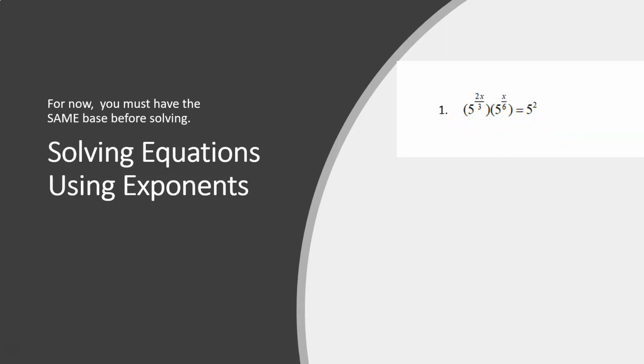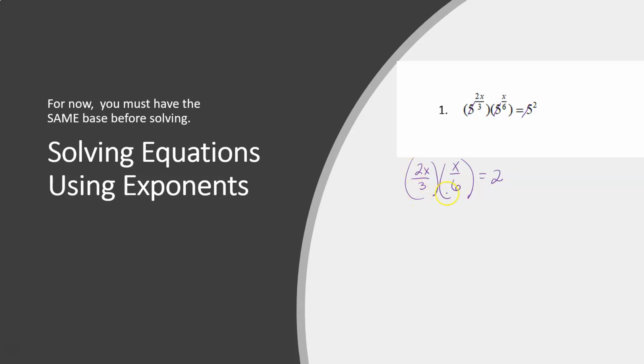So you can simply cancel the bases out, and you have 2x over 3 times x over 6 equals 2. Now, you have to remember the rules of exponents. So when we're multiplying exponents with the same base, we're going to add them.